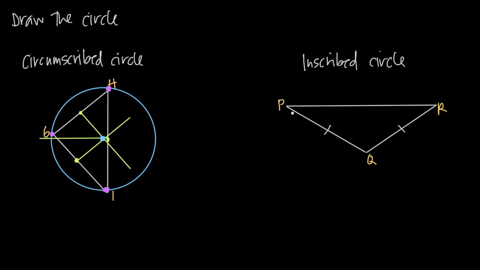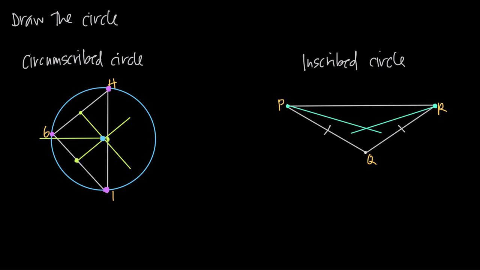So if we go ahead and start with the angle P, we want to find the line that goes through this angle and bisects the angle perfectly. So that's going to look something like this. If we look at the angle R here, then we want to draw the line through the angle R that bisects this angle perfectly, so the angle measure on one side is about the same as the angle measure on the other side.